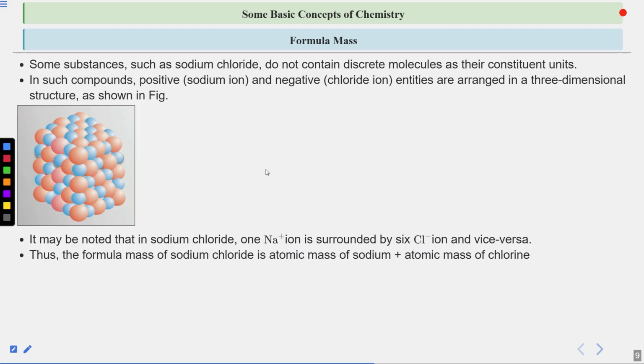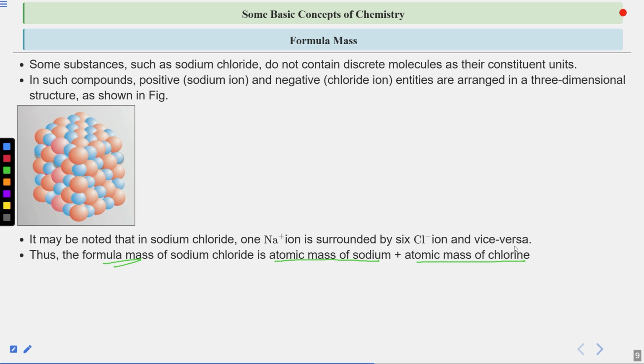Therefore, for the case of sodium chloride, we define formula mass, which is calculated in the same way as the molecular mass, that is, atomic mass of sodium plus the atomic mass of chlorine. Since we have 1 as the stoichiometric count, we don't have to worry about the multiplying factor.